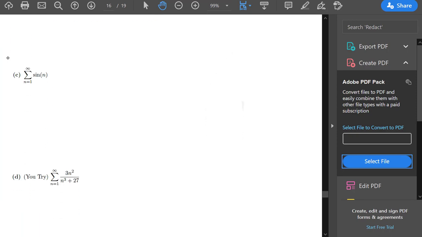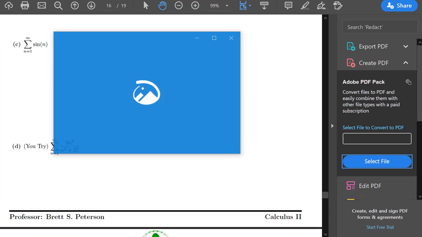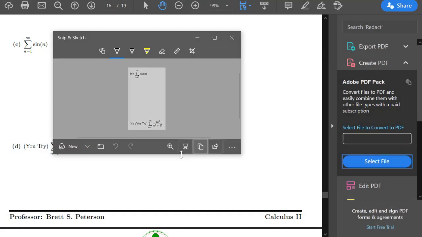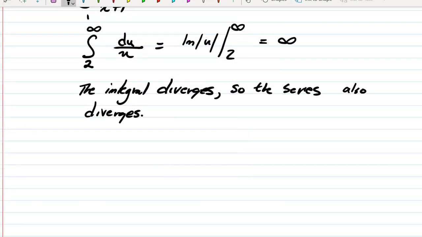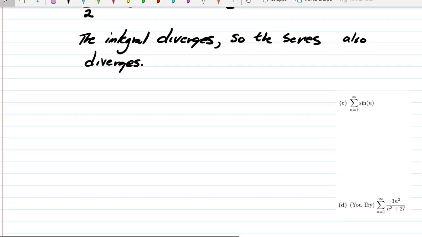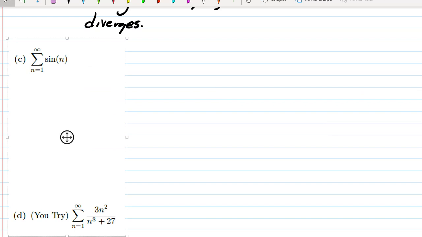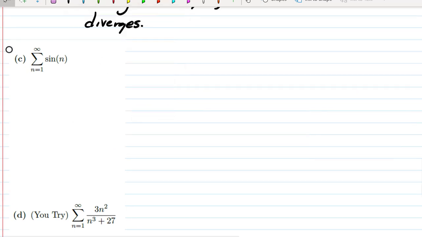All right, let's take a look at our next example. What we need to test is whether a_n is bigger than 0.